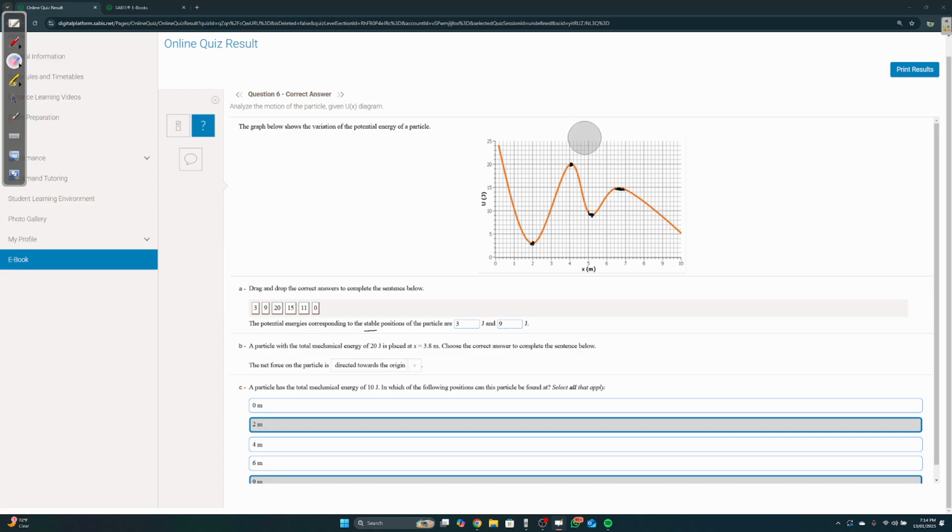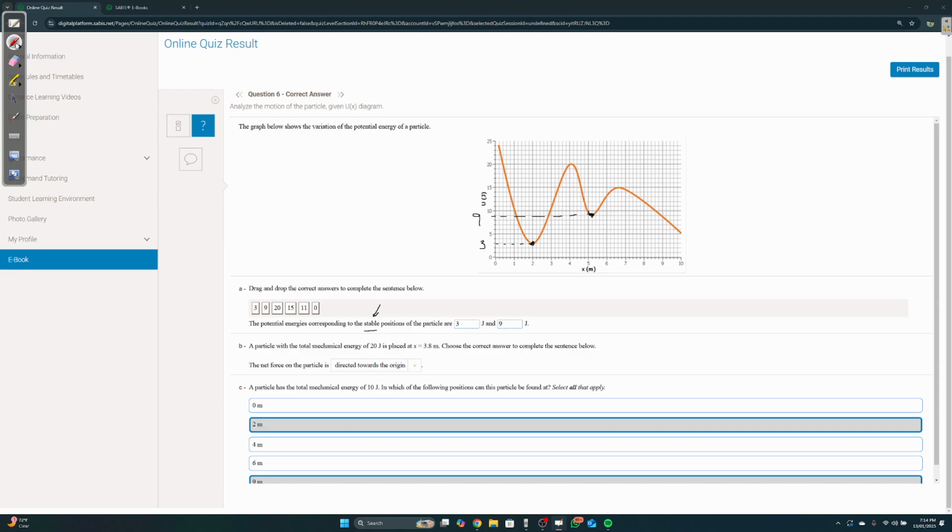But here, we only took these two. Why? Because they said stable. Stable, remember, is only when it's at a minimum. This is stable, okay? Think about it as a ball. If you push a ball here, it's going to fall off. But if you push a ball over here, it's just going to slide back down. Anyway, chop chop. So what is the energy over here? It's 3, and over here it's 9.